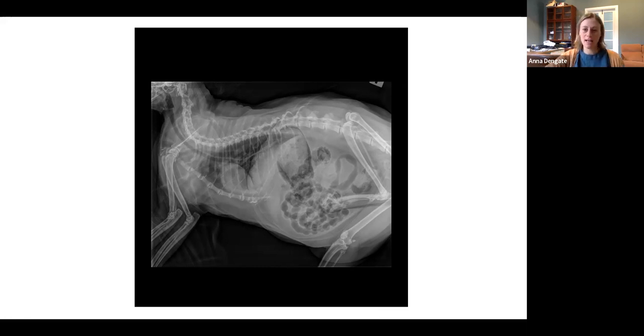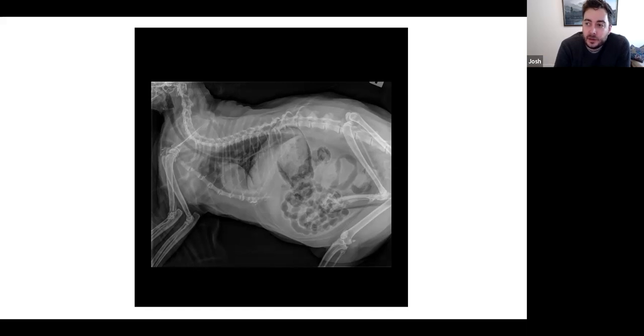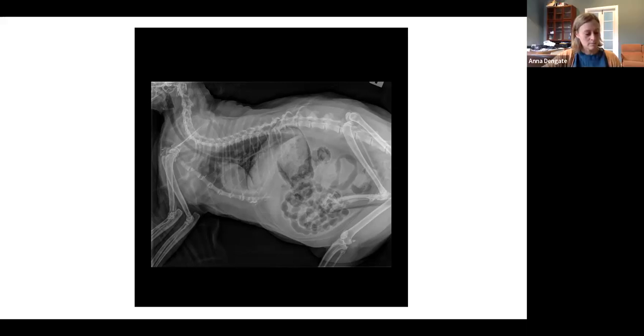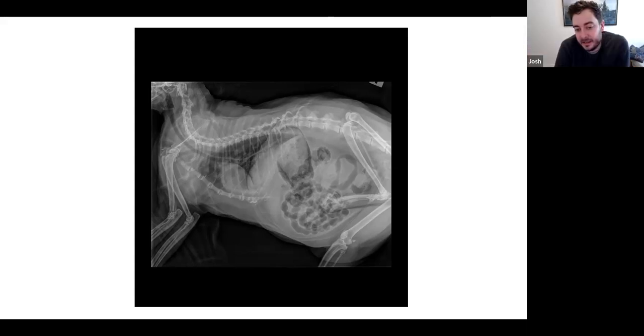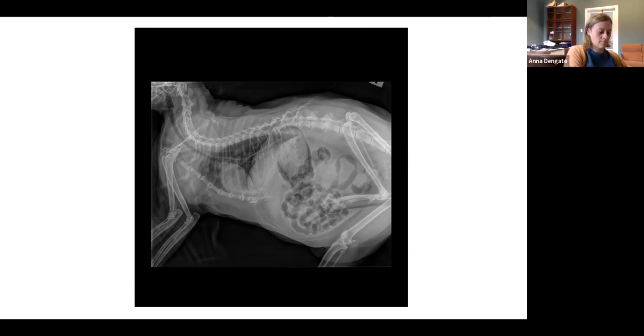Okay, so megaesophagus in cats. What's our differential list? This cat is unsedated. I guess congenital or acquired, but unlikely to be congenital in a cat this age. Acquired can be neuromuscular junctionopathies, so things like myasthenia gravis, tick paralysis, botulism.